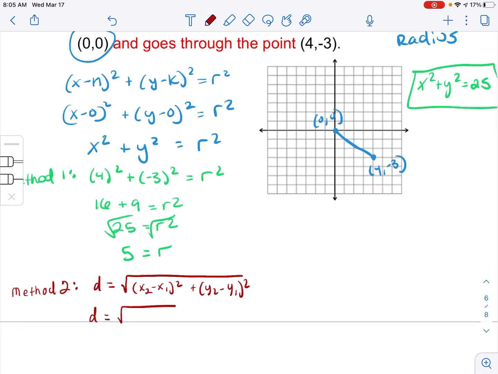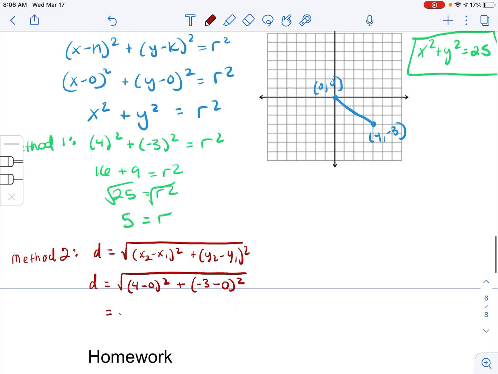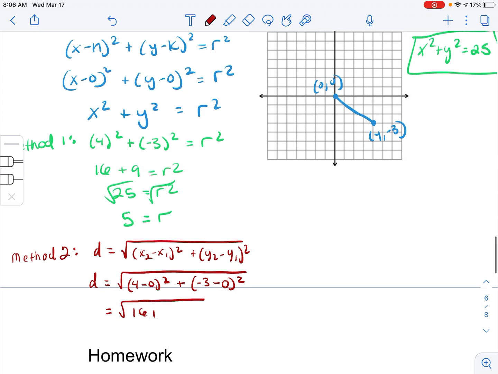So if I plug into that equation, we have (4 - 0)² + (-3 - 0)², which if we keep looking, ends up being the same 4² + (-3)², which is 16 + 9, which is the square root of 25, making that distance, right, from there to there, equal to 5, okay? So that is method number 2.